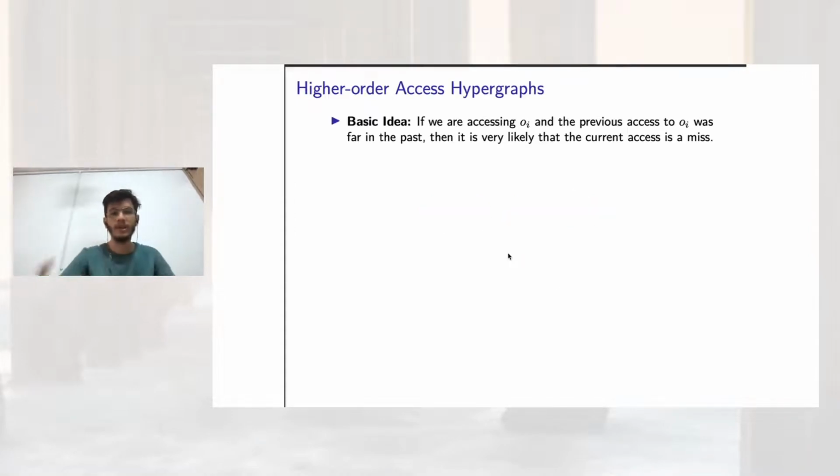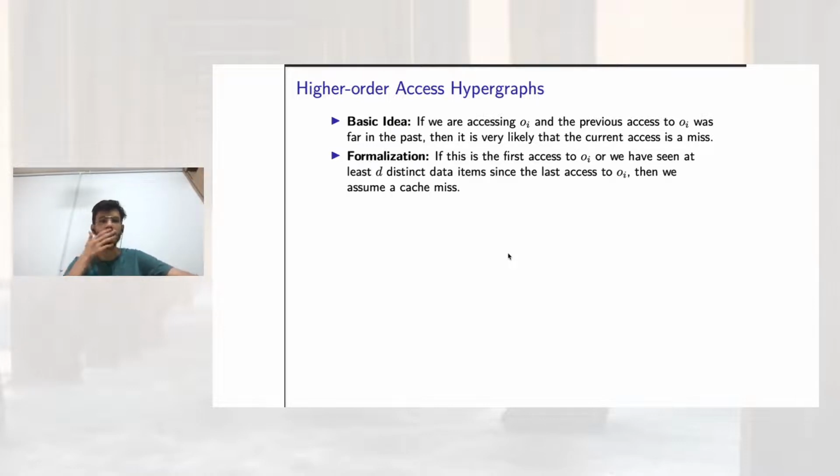Our basic idea is, if we are accessing some item Oi, and the previous access to this object Oi was far from now, we can assume that it may not be present in the cache, and that the current access is a cache miss, and we should get the object from the main memory.